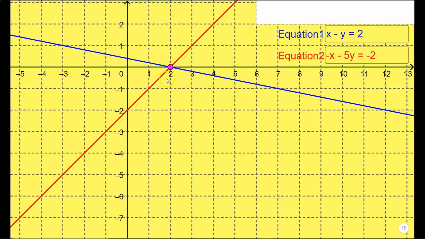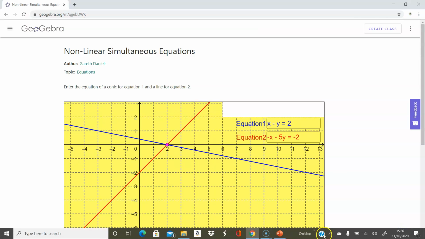That common point has coordinates x and y, and the x coordinate and y coordinate will be the solution for the simultaneous equations. So for those two simultaneous equations, x minus y equals 2 and x minus 5y equals minus 2, they have this point in common, and that's the solution. In our case, the x coordinate is 2 and the y coordinate is 0. So that is what we have seen.